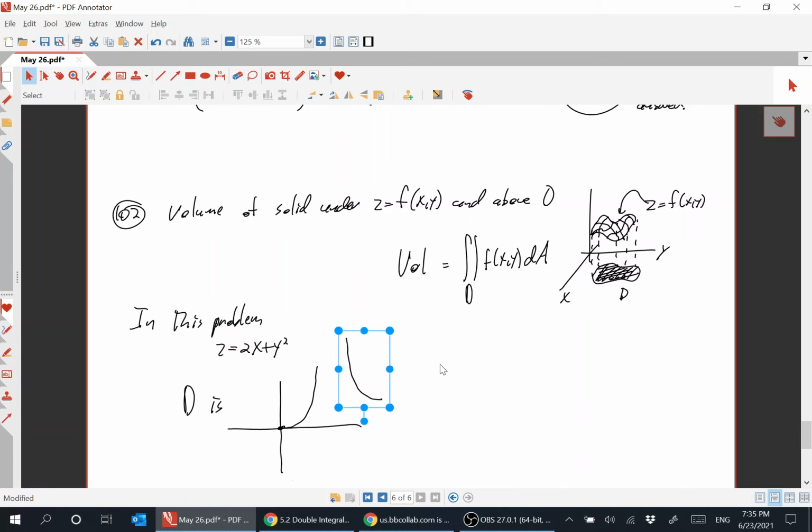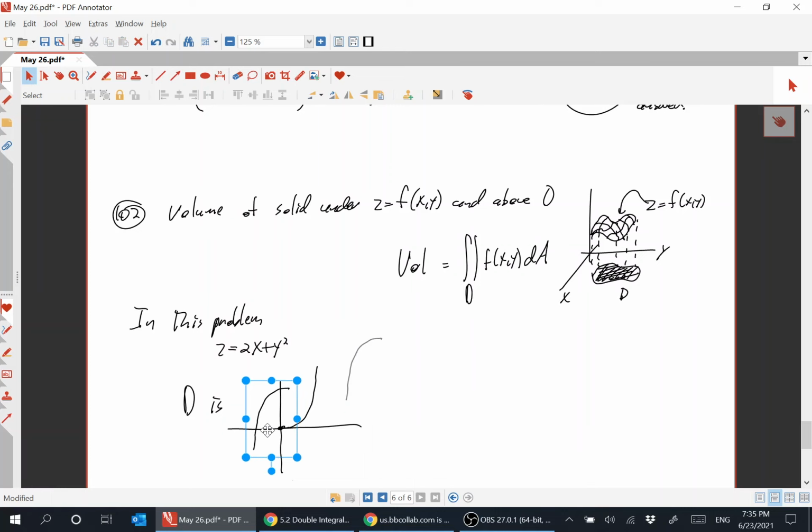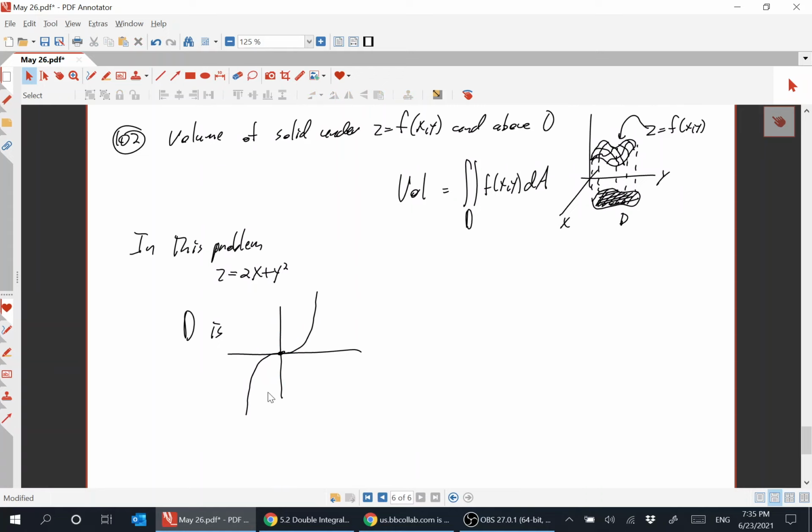So you flip horizontally, and then you flip vertically. That's it right there. And then the line y equals x is this. Now, where do these guys meet?